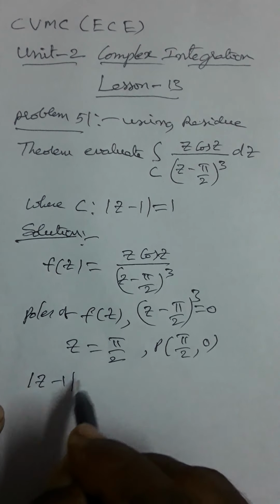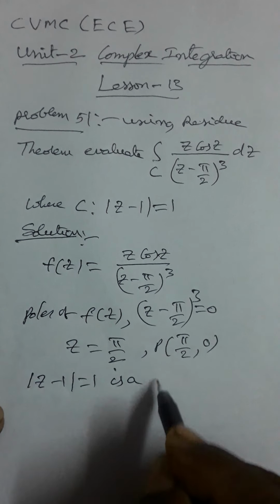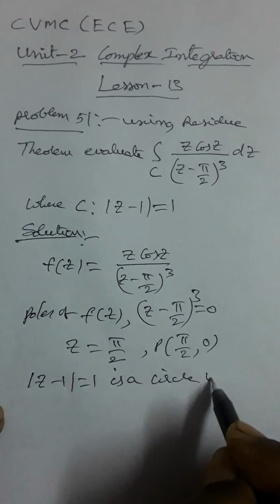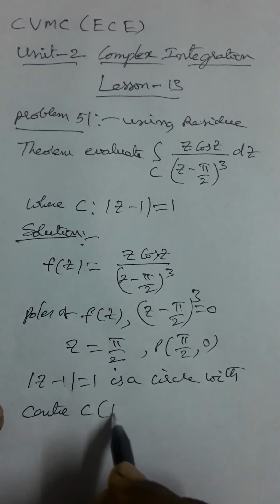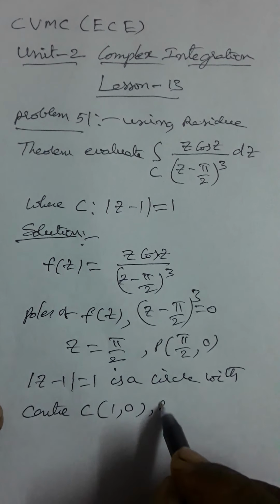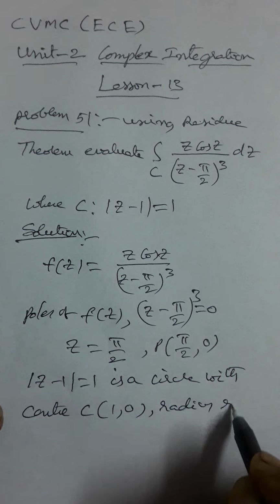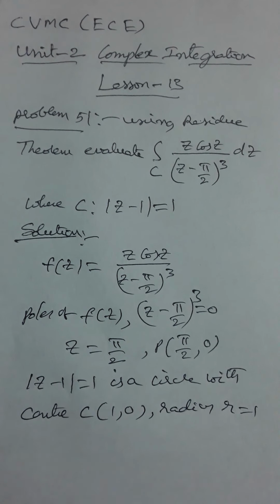Mod z minus 1 is equal to 1 is a circle with the center C (1, 0), radius r is equal to 1.